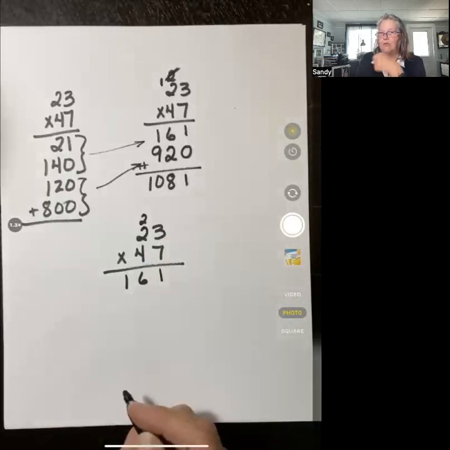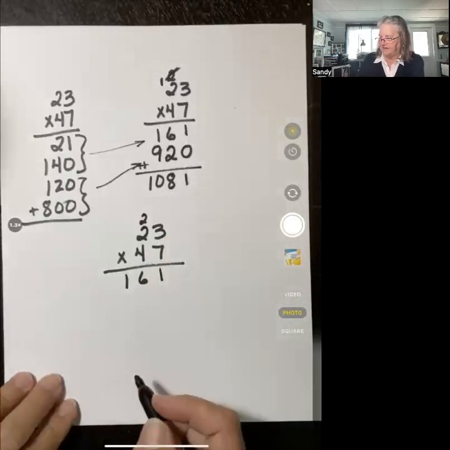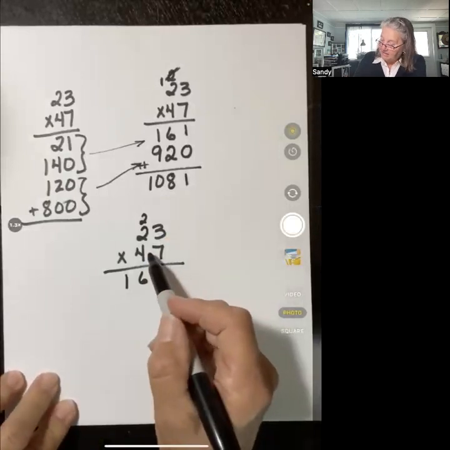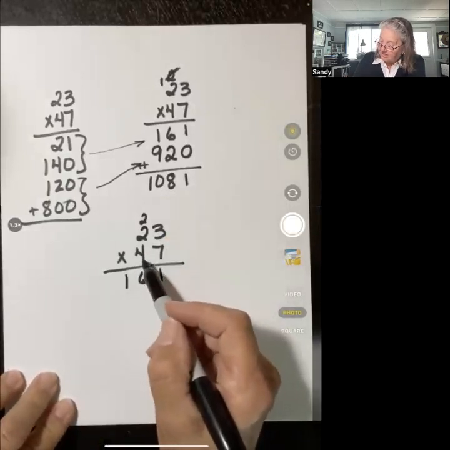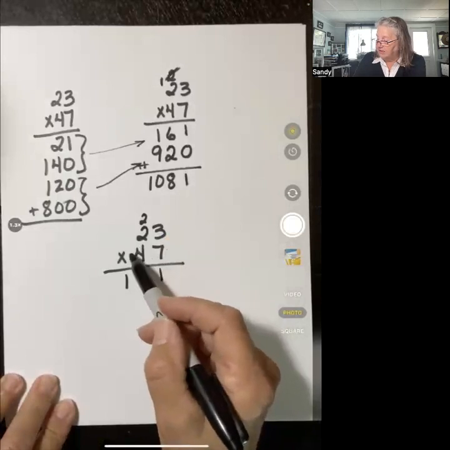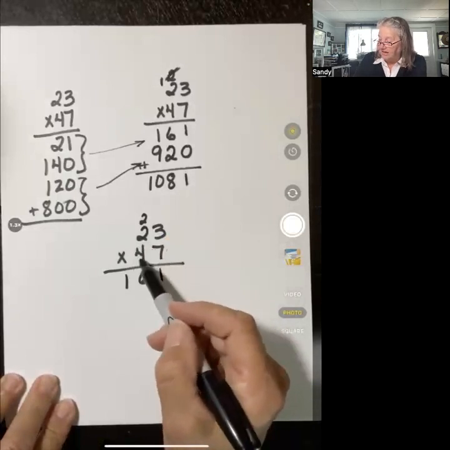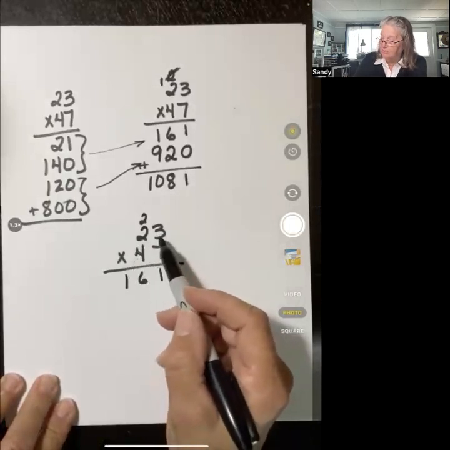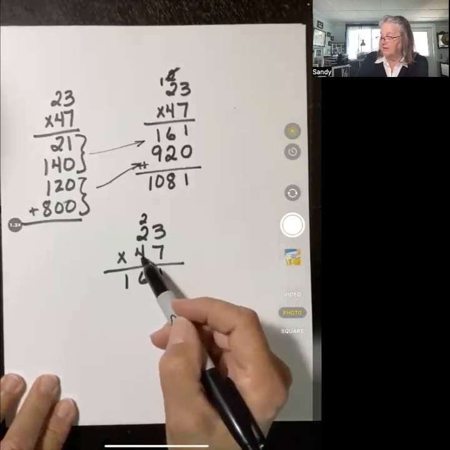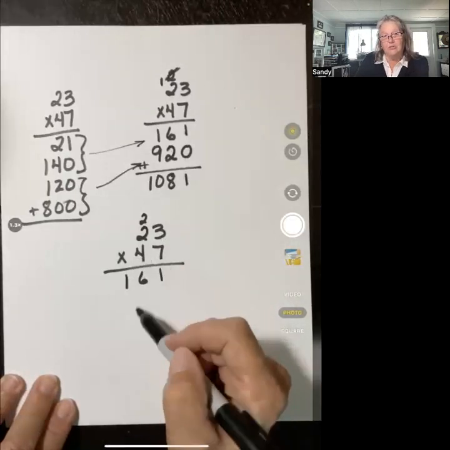I want to keep reinforcing, rethinking about place value. Now, when I come down here to this one, this is really 4 tens, but I could also think of it as 40, either way.